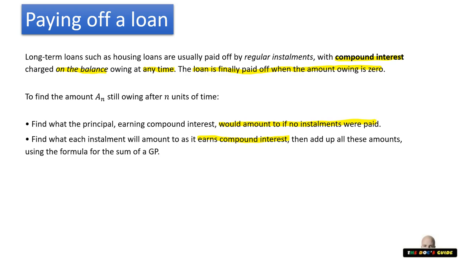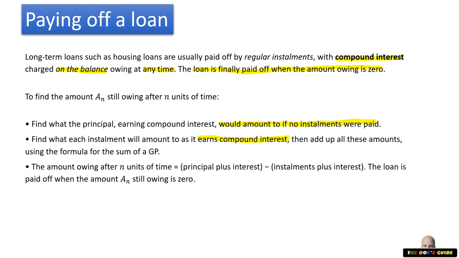We imagine if we made a repayment, what it would earn as compound interest, and that becomes something in our favour. The amount owing after n units of time is the principal plus the interest minus the instalments plus their interest. And the loan is paid off when you don't owe any money anymore.